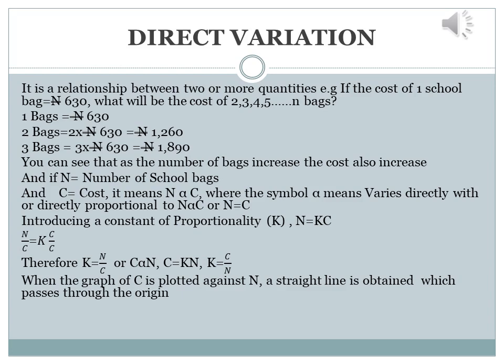So in order to cancel out letter c, we have to divide both sides by c, which is the coefficient of k. So c cancels out and we have k is equal to n over c. When the graph of c is plotted against n, a straight line is obtained which passes through the origin.